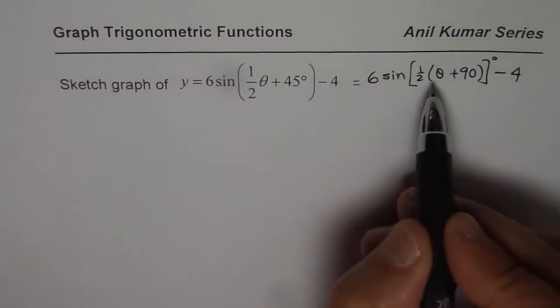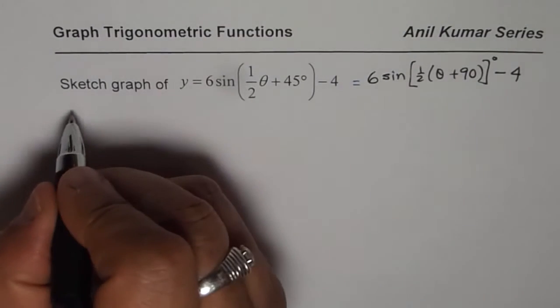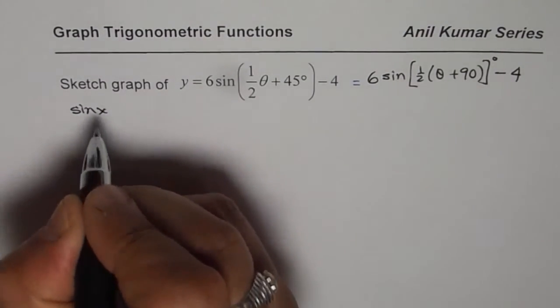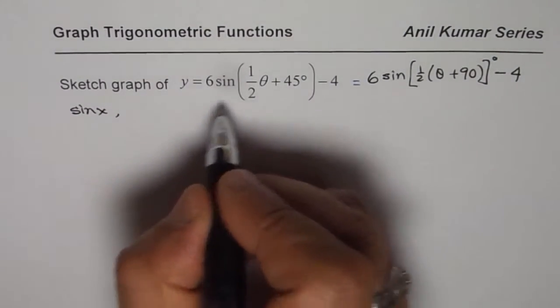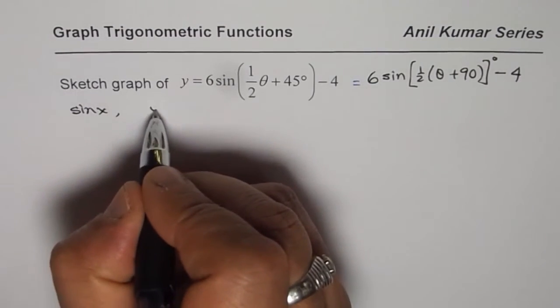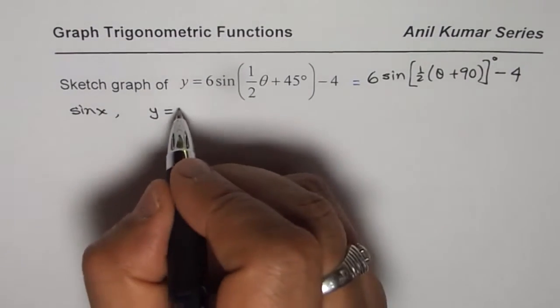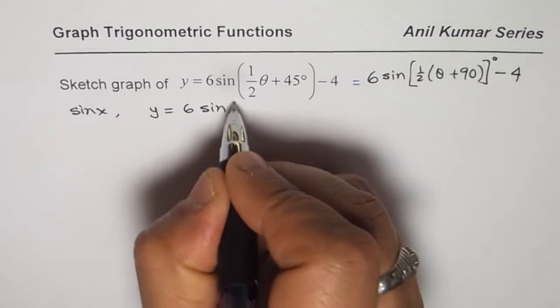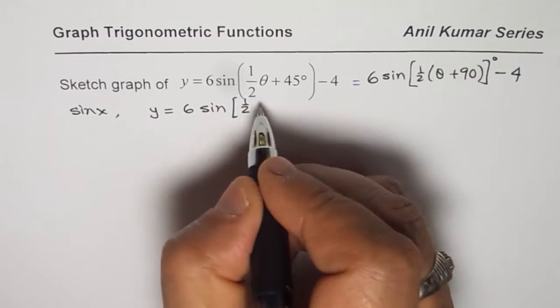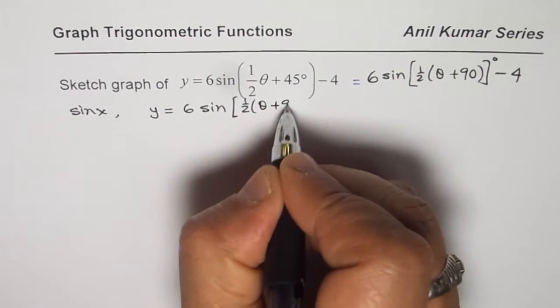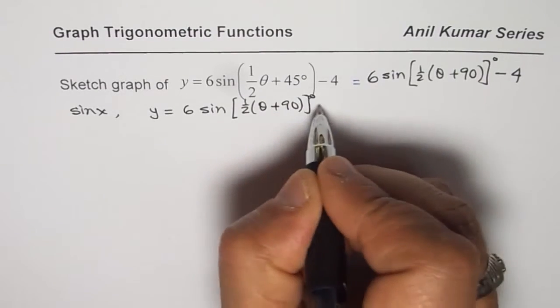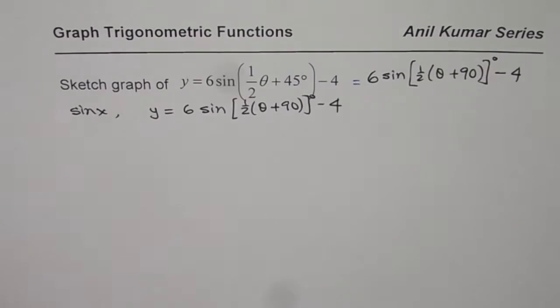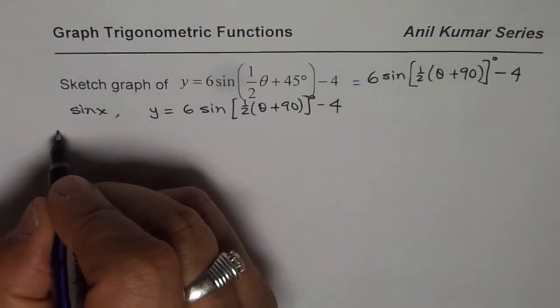Now if you look at the transformation and compare sine x with the transformed function, which is y equals 6 sine of half theta plus 90 degrees, minus 4, then the transformation of points should be like this.